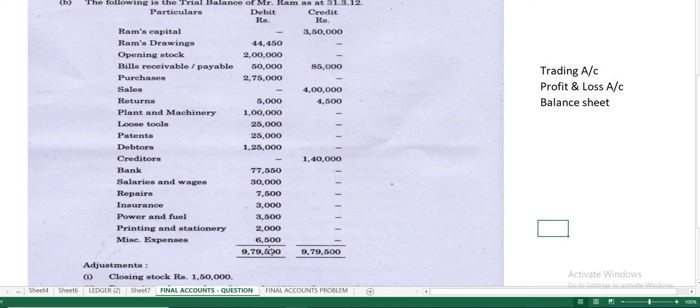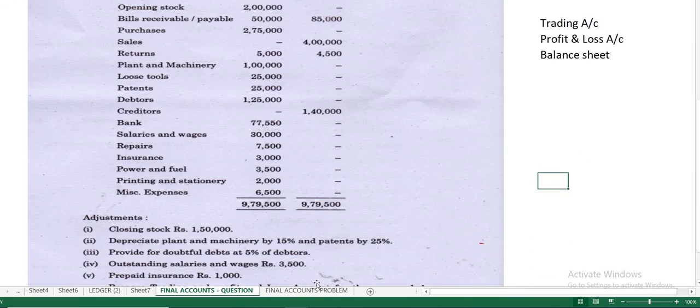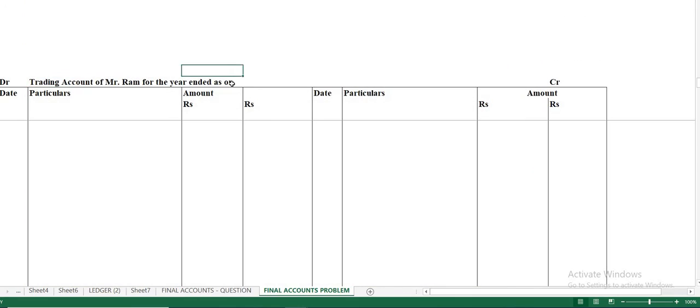So the date is 31st March 2012. So that date has to be given over here. So 31st March 2012. Okay. So this heading you have to give it over.